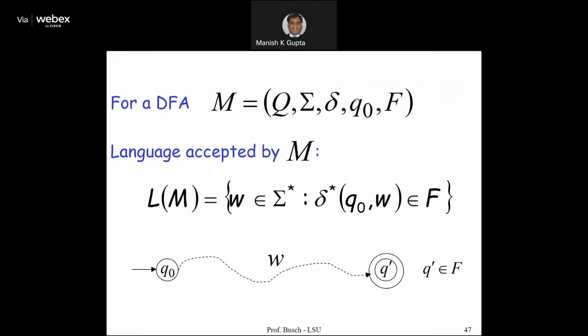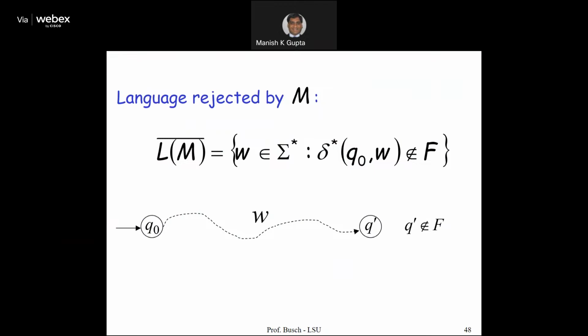Mathematically, you can describe it like this. Any question? Very straightforward. The rejection case is when it does not belong to a final state.